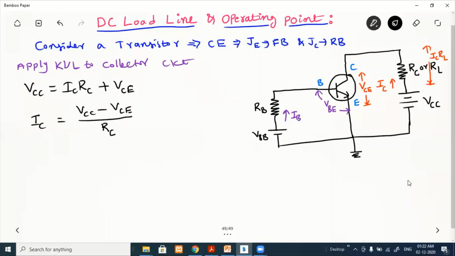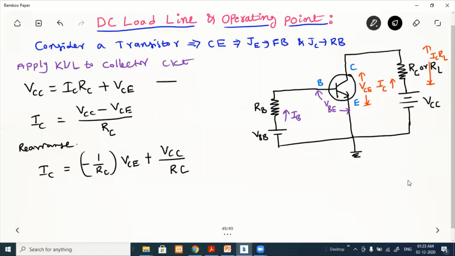Then rearrange this equation such that IC equal to minus 1 by RC into VCE plus VCC by RC. So this is equation 1, equation 2 and equation 3.